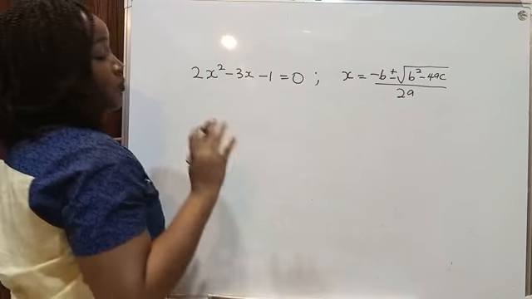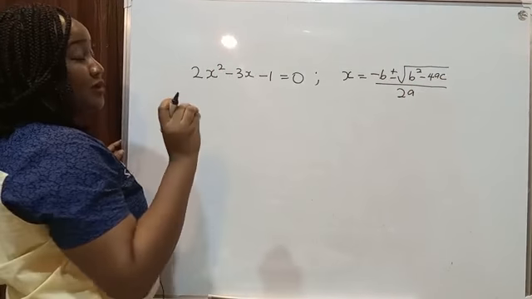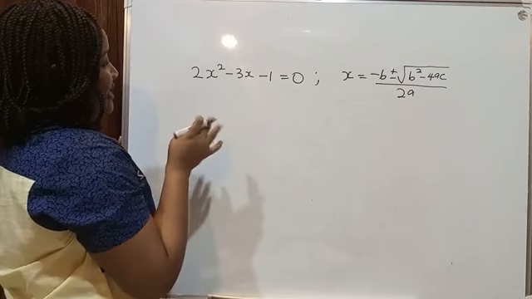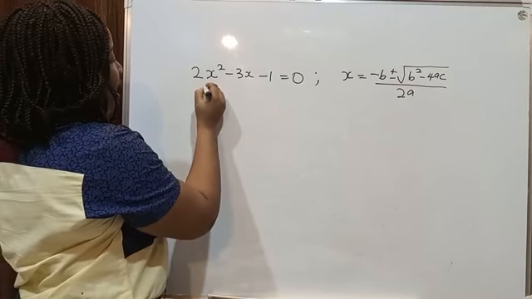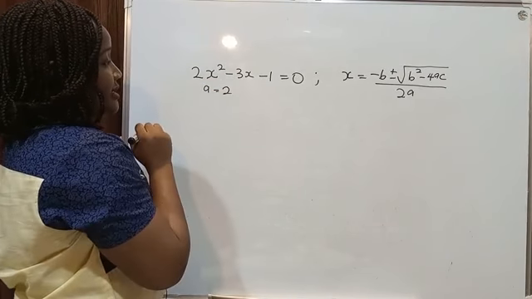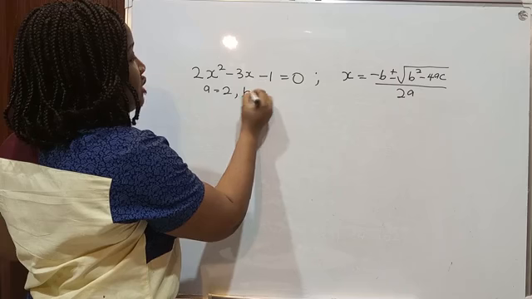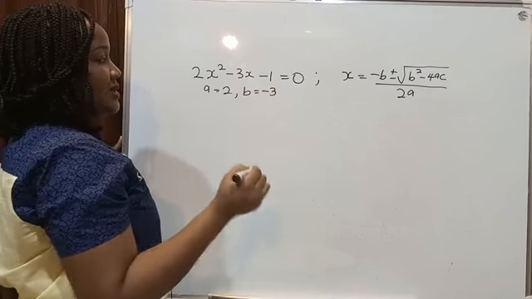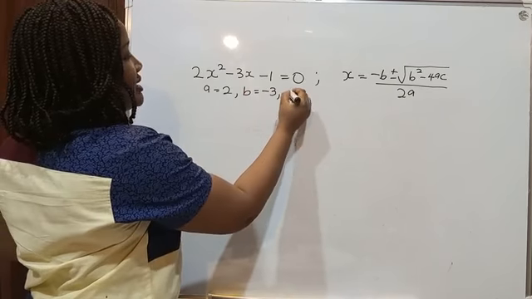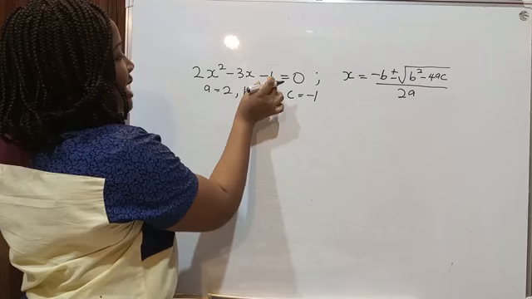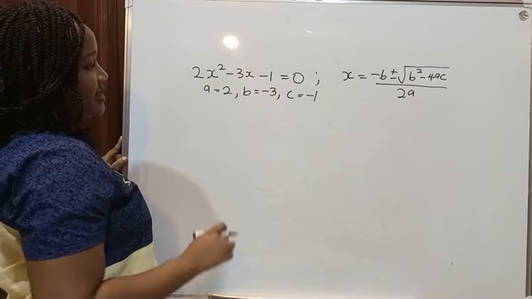Now, how to go about it? Just to avoid confusing yourself, first of all, state the terms. You know our a to be what? 2. A is the coefficient of x squared. B is the coefficient of x, which is minus 3. Be careful with your minus signs. And c is a constant, which is minus 1. Please carry the signs before it.